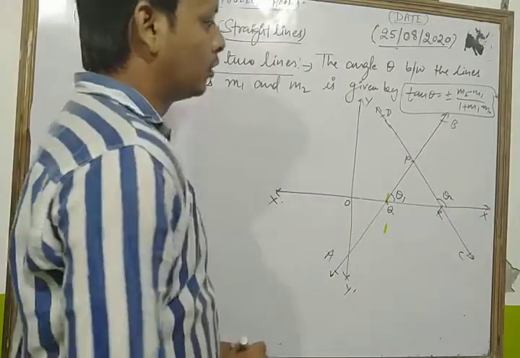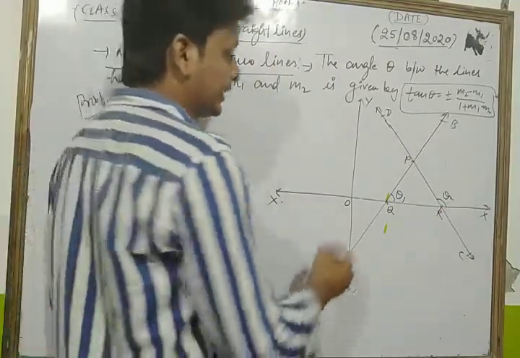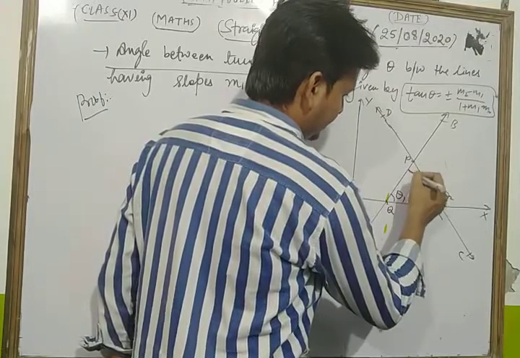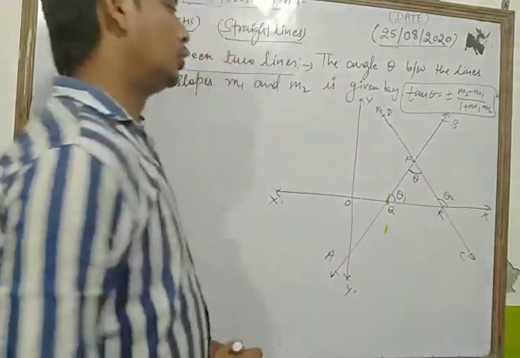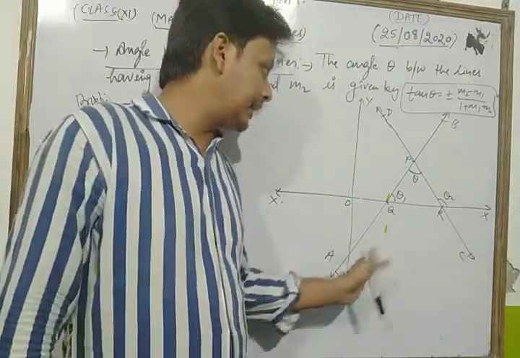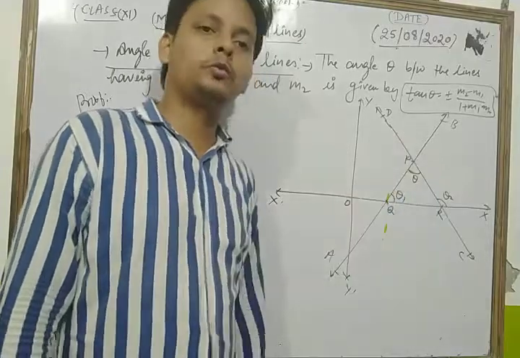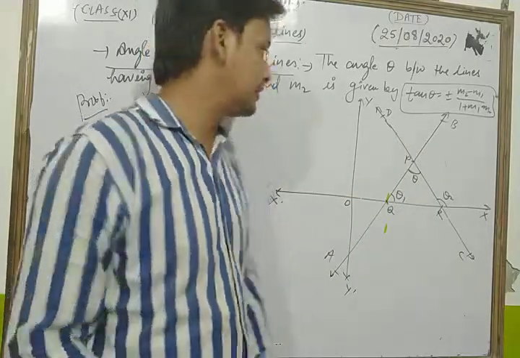Now let theta be the angle between the two lines. Here we take theta as the angle between two lines, and the lines AB and CD have slopes m1 and m2. Now let's see its proof.